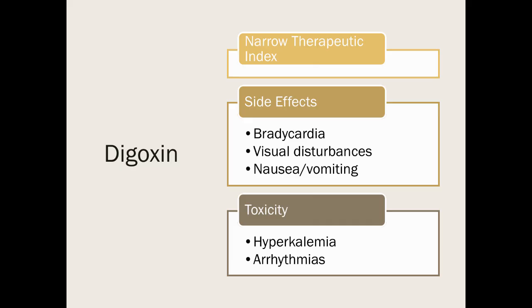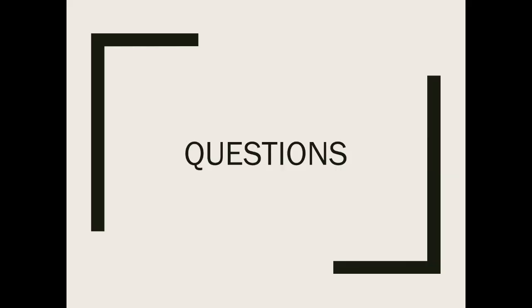Once they get into their toxic state, hyperkalemia, because digoxin kind of messes with sodium, messes with potassium. It's easy to go hyperkalemic, and once we go toxic with digoxin, we're going to see some cardiac arrhythmias.